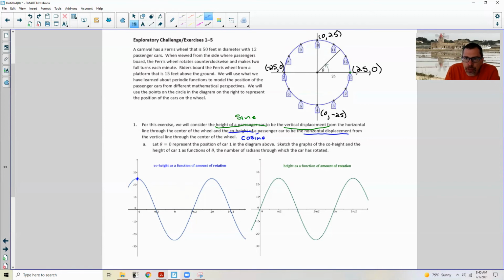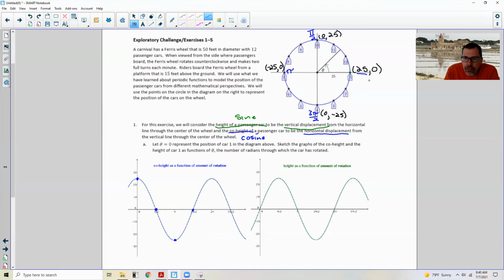So now what I'm doing in the blue is graphing these. This is pi over 2. We are at 0. At pi, which is right here, we're at negative 25. At 3 pi over 2, which is right here, cosine is 0.